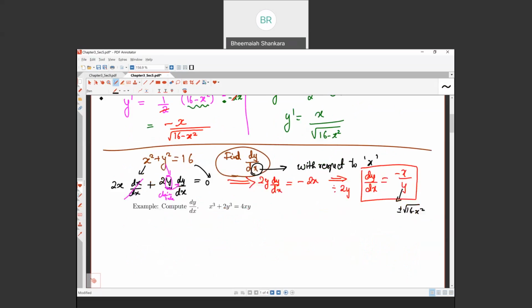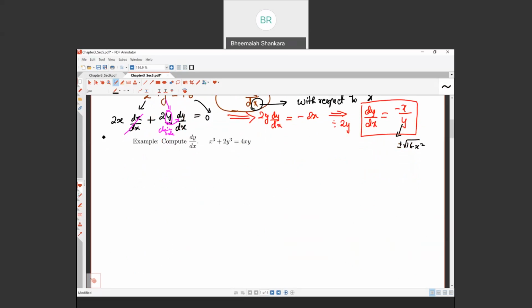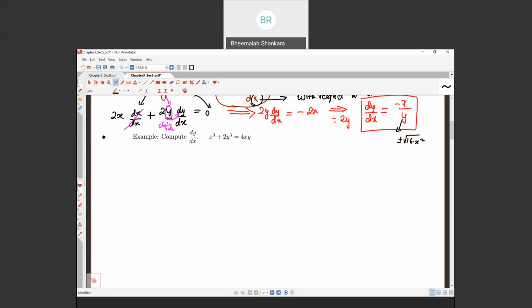In the next example, you are asked to find the derivative given the expression x cubed plus 2y cubed is 4 times xy. So let's start differentiating with respect to the variable x. How do we know with respect to x? Your denominator is x.